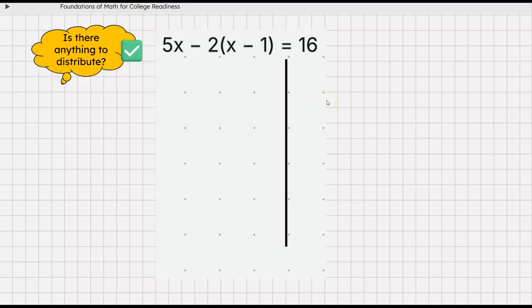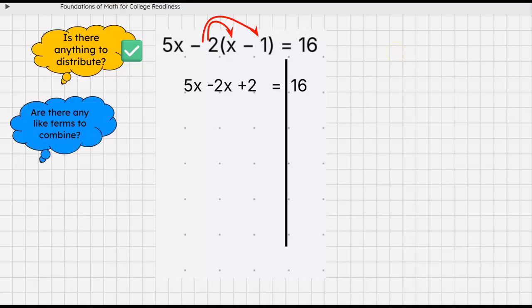So we are going to distribute the negative 2 to the x inside of the parentheses and to the negative 1. So that would make a negative 2x and a positive 2. So we would end up with 5x minus 2x plus 2 equals 16.